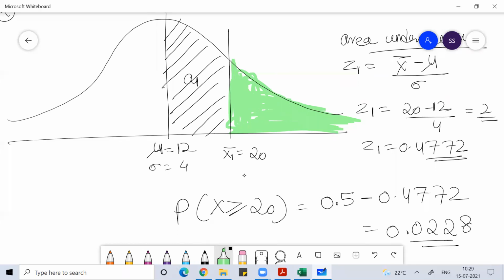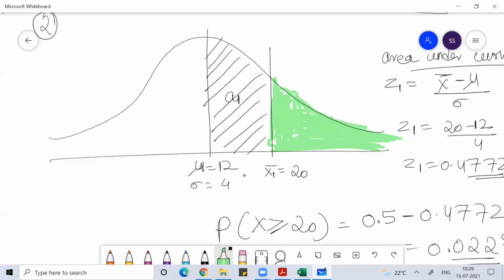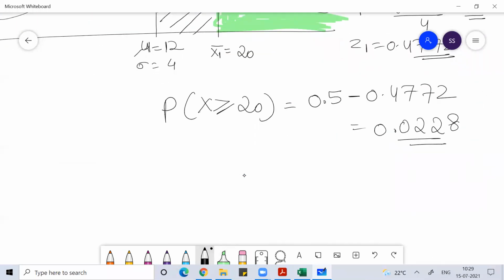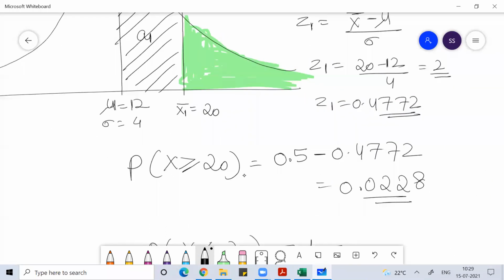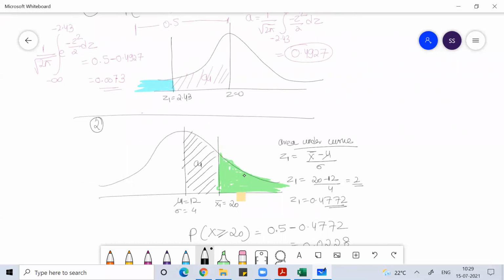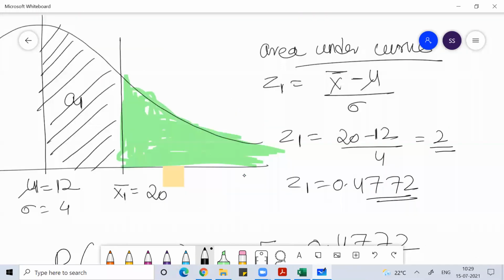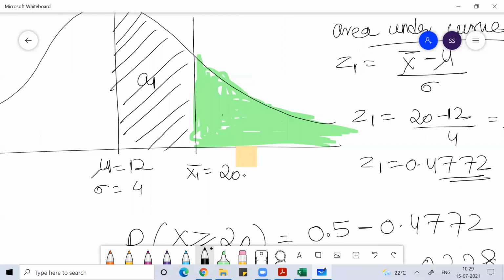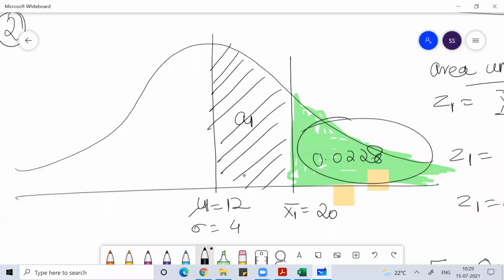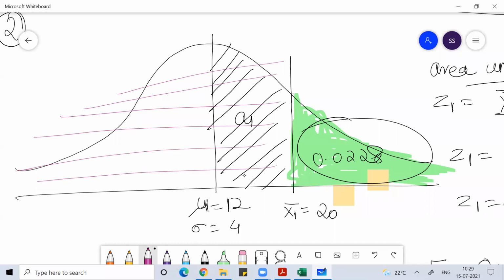Now, if I ask you the other end of the question, find the probability of x less than or equal to 20. Greater than or equal to 20 you already got, and the total area you know is 1. This area is 0.0228, and I want all the remaining area.